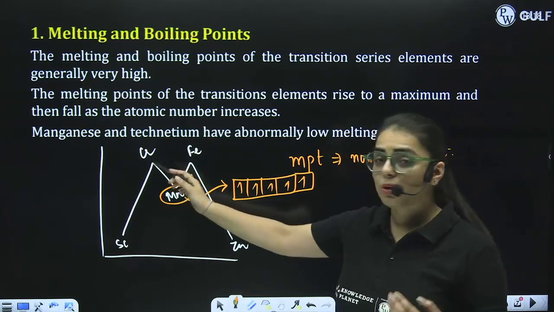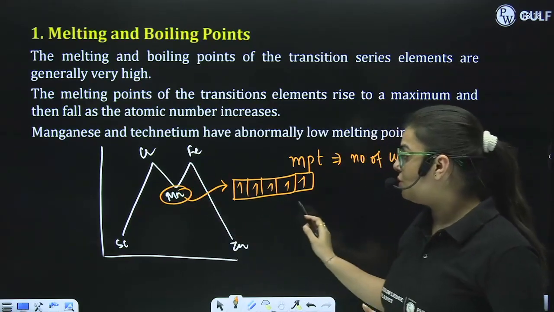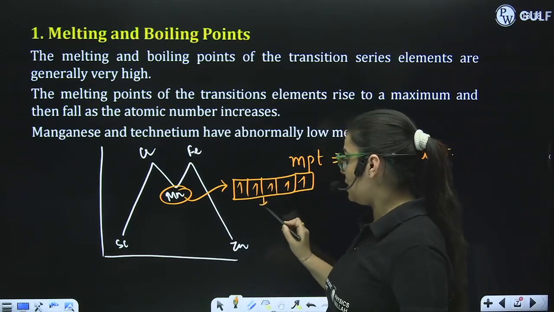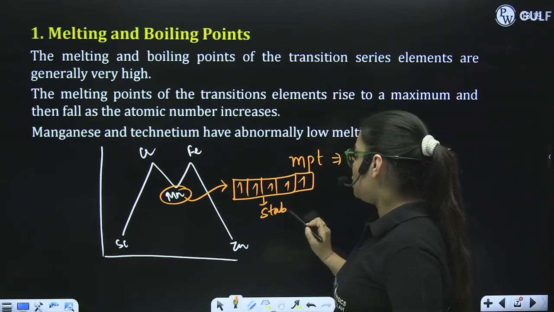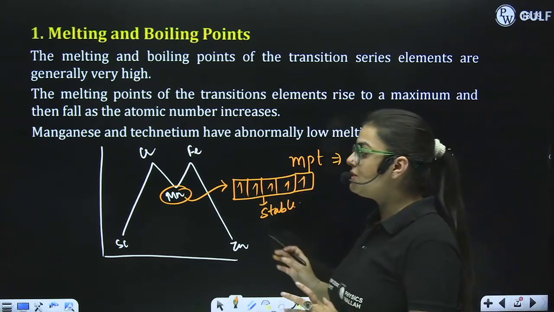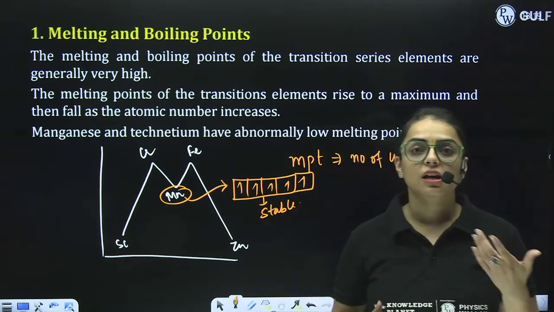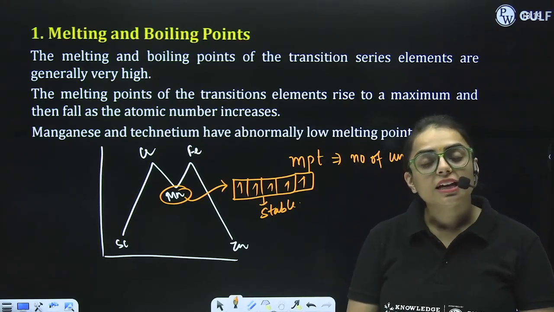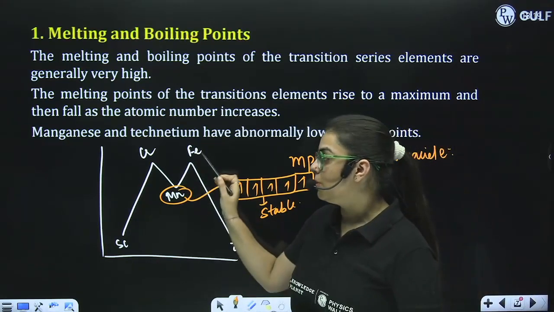It is already stable, students. Melting point is dependent upon metallic bonding, and if it is already stable, why would it let its electrons go and participate in bonding? So that's why it has a lower value than chromium and Fe.